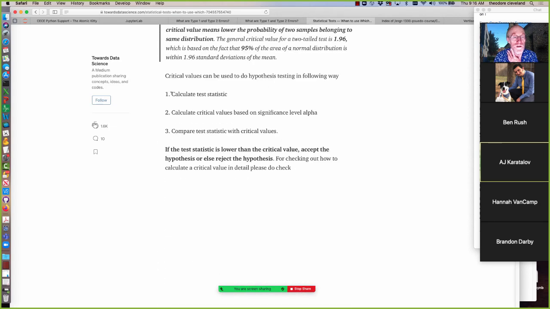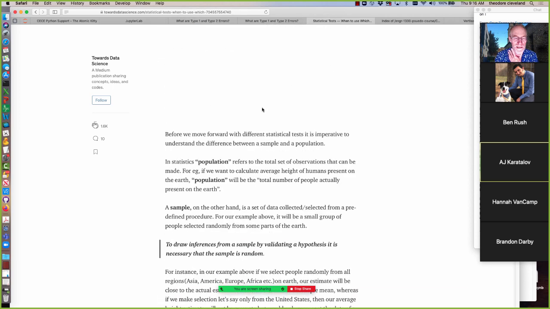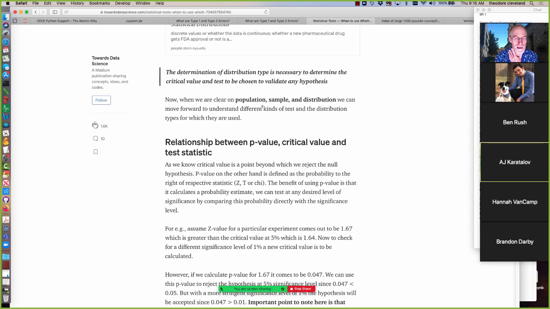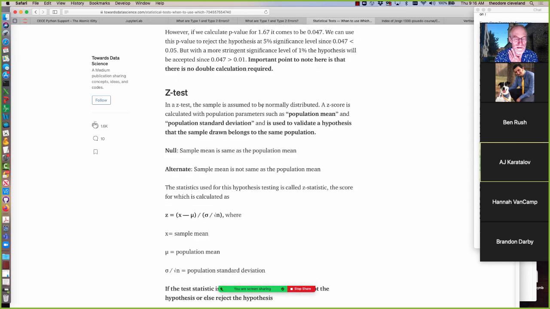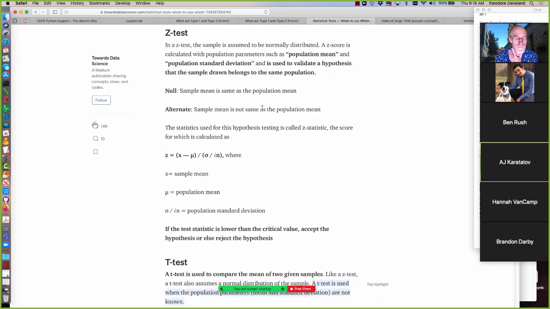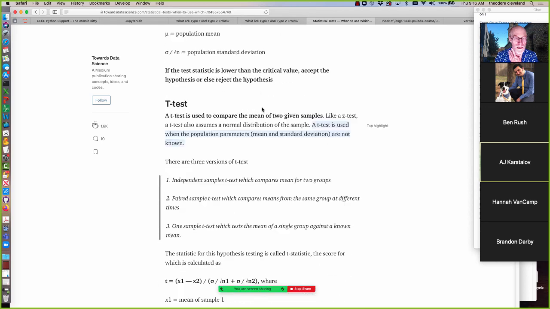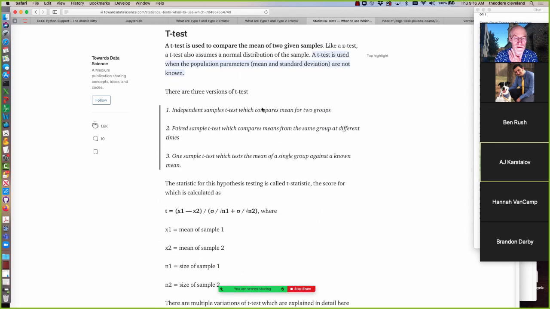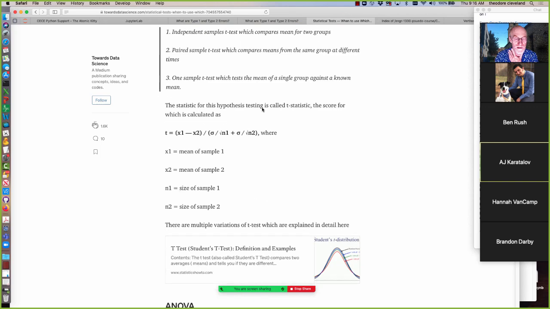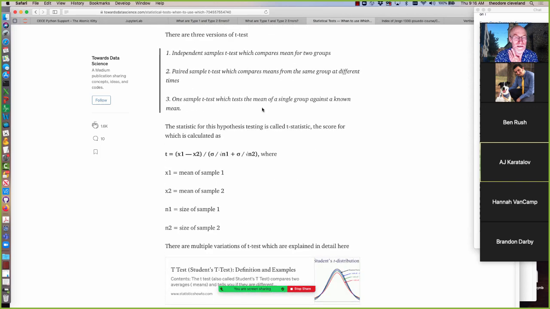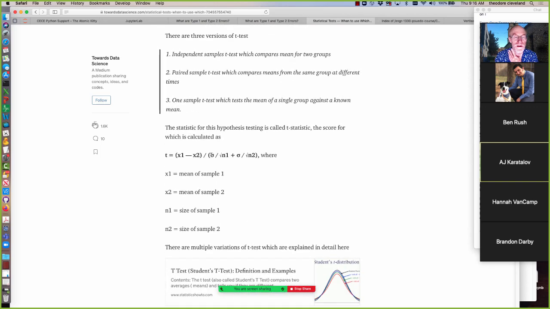So notice here in the procedure, calculate the test statistic. The t-test is what we're talking about. Dang it. So there is the test statistic right there.